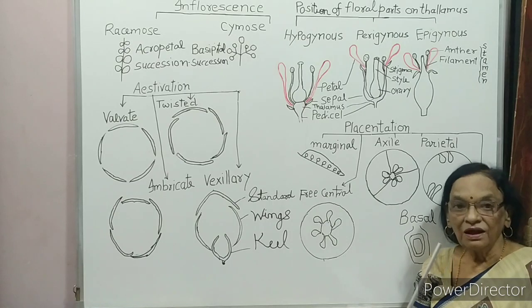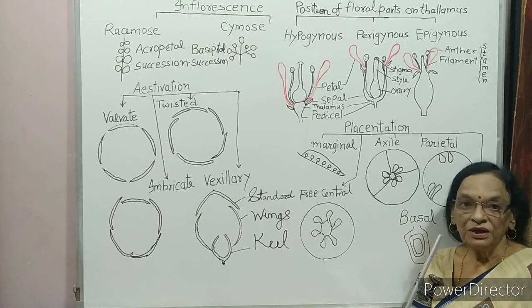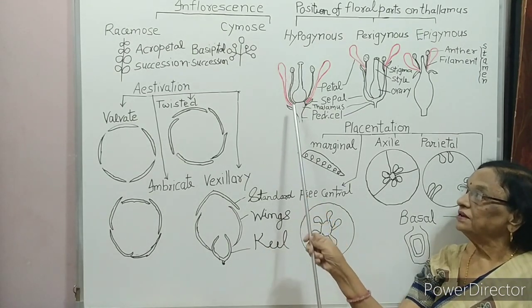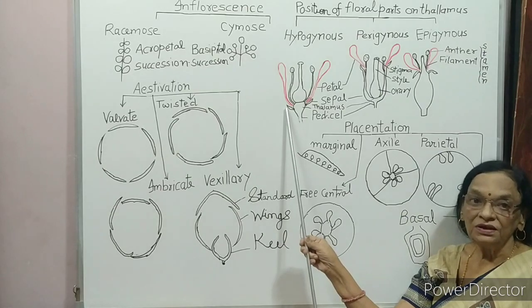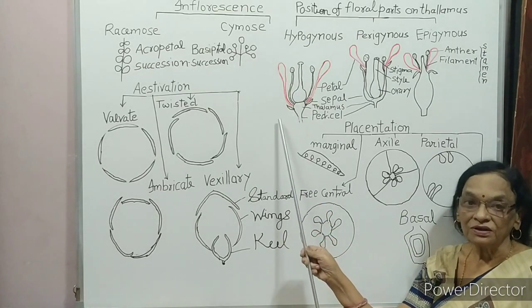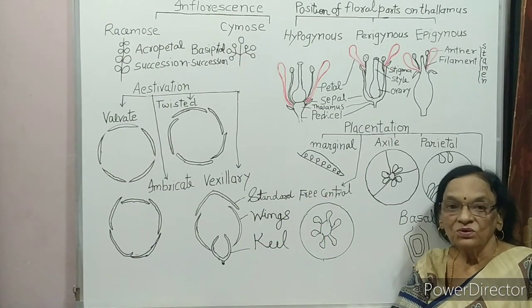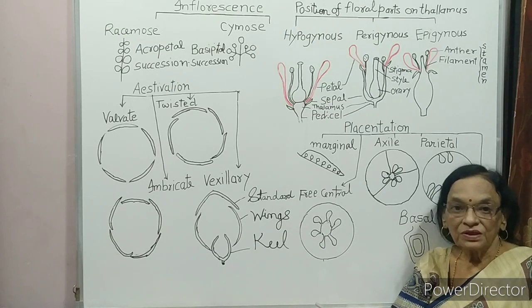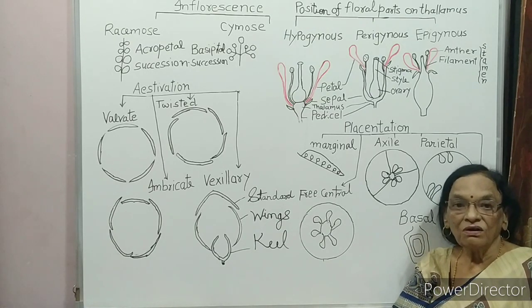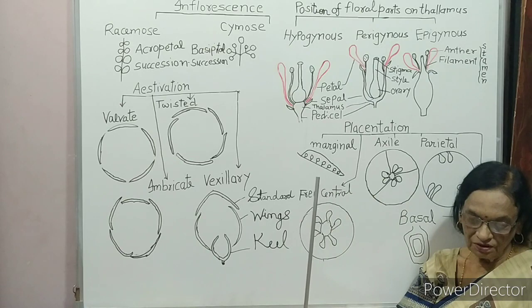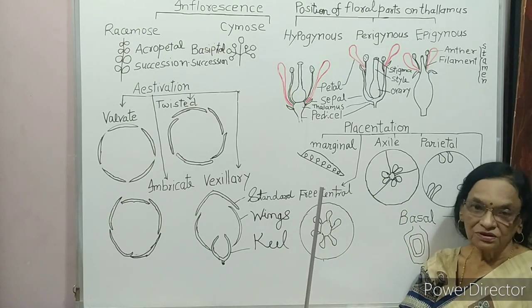If they are attached to the perianth, where there is no differentiation of petal and sepal, as you will study in most monocot flowers, so instead of calling them sepal or petal, we call it perianth. So epiphyllous stamen are attached to the perianth. So this is about stamen.